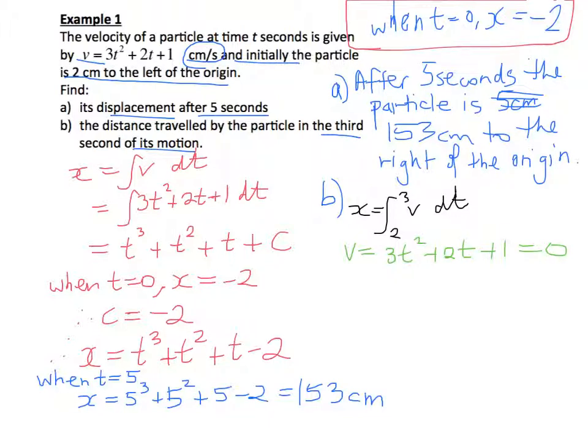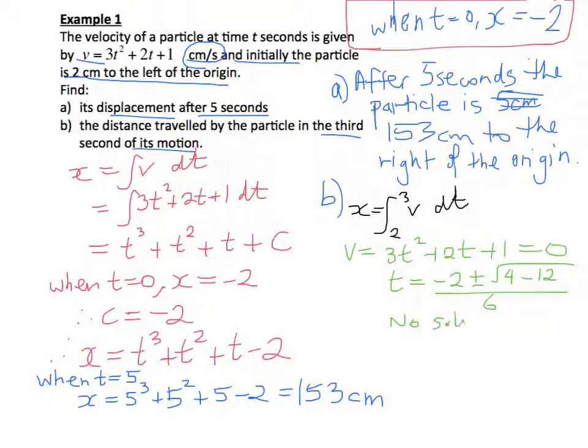Well, we can't factorise that, so let's see if we can use the quadratic formula. t equals negative b plus or minus the square root of b squared minus 4ac, all over 2a. Now you can see the discriminant there is going to be negative, which means there is no solution.